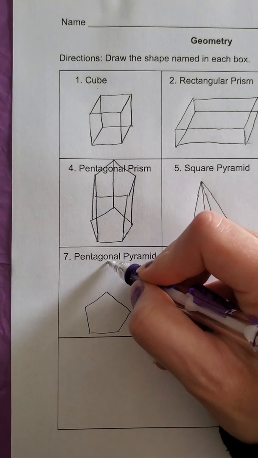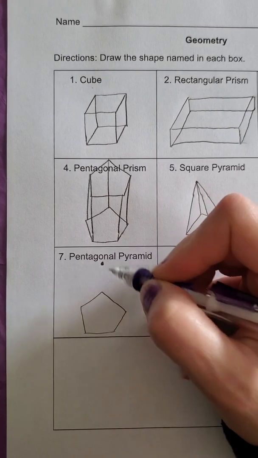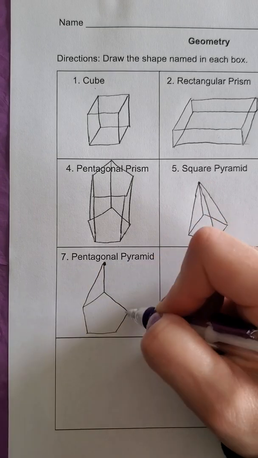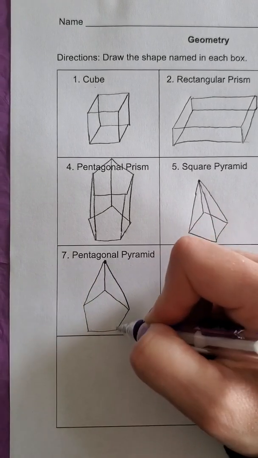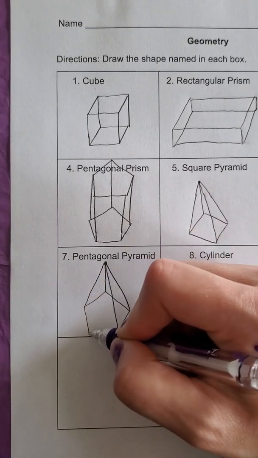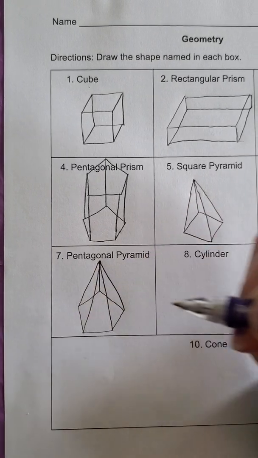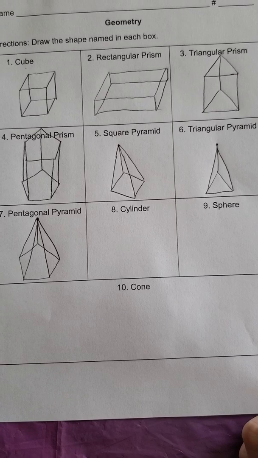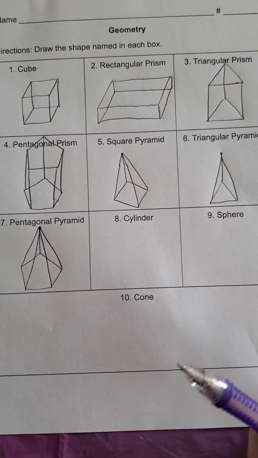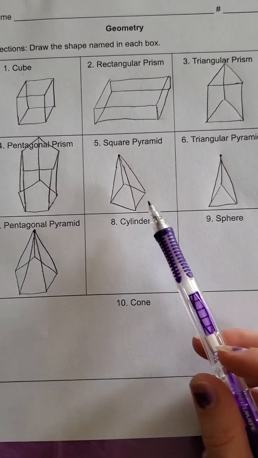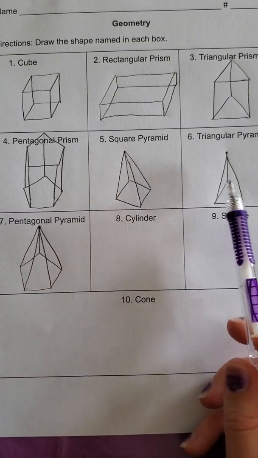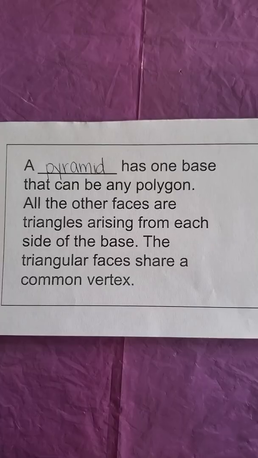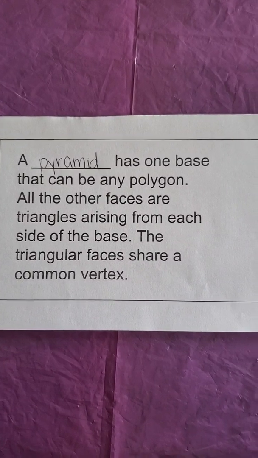And my one common vertex that all of the corners will come up to make triangular shapes. That completes the pyramids. Now notice that they're not perfect, but they have a relatively close shape to each of these pyramids. That completes our pyramid video.